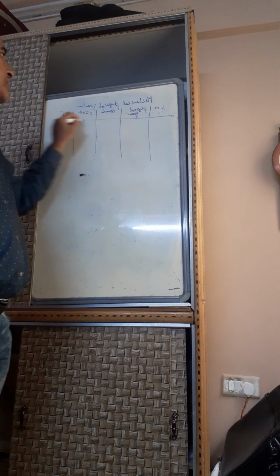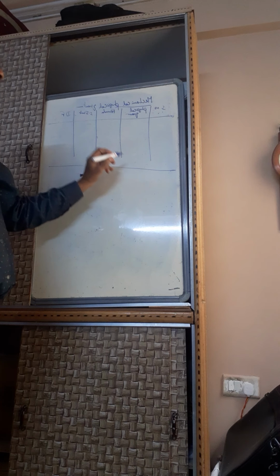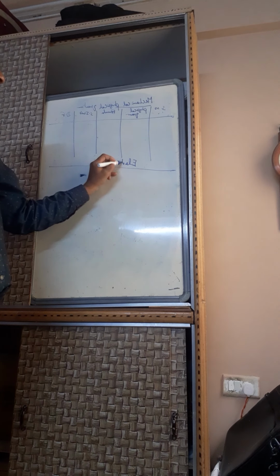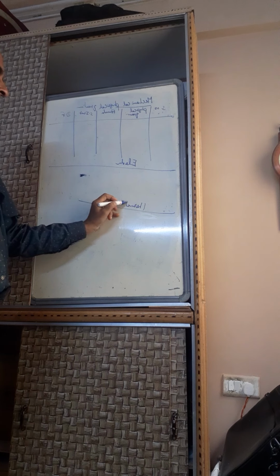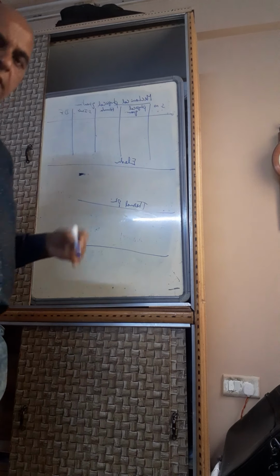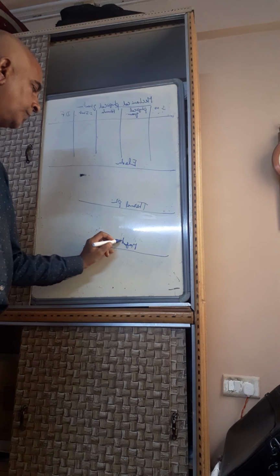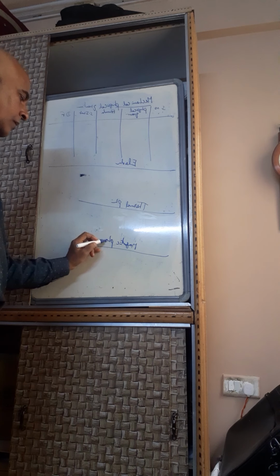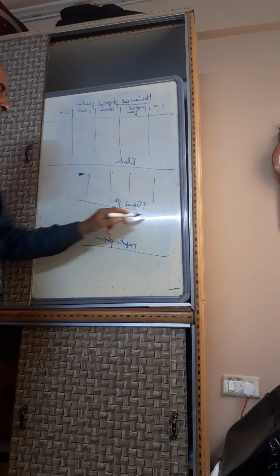So these are the columns. Like that, mechanical physical quantities, next electrical physical quantities, next thermal physical quantities, and next magnetic physical quantities. So you have to make tabular forms like this.